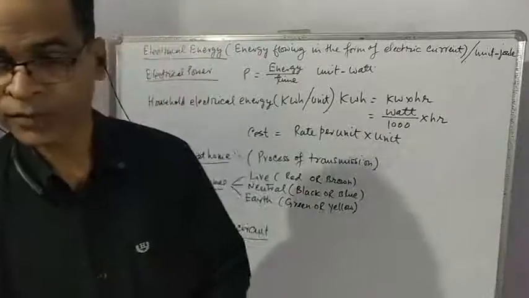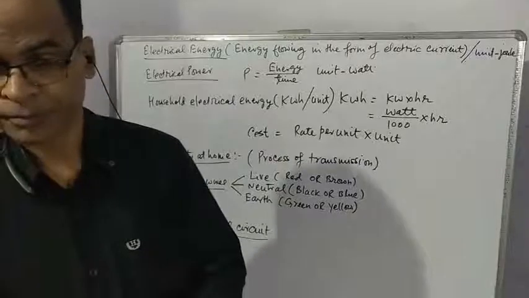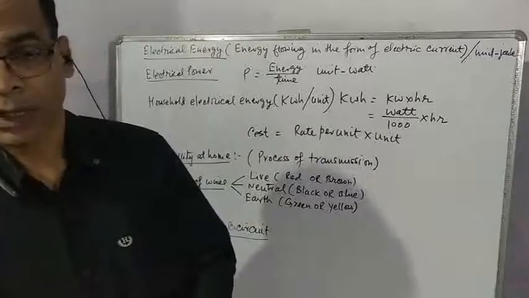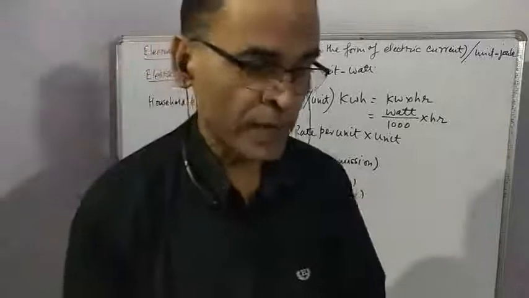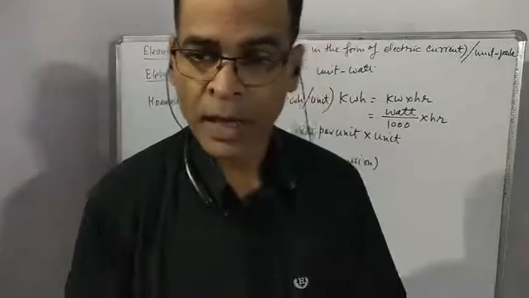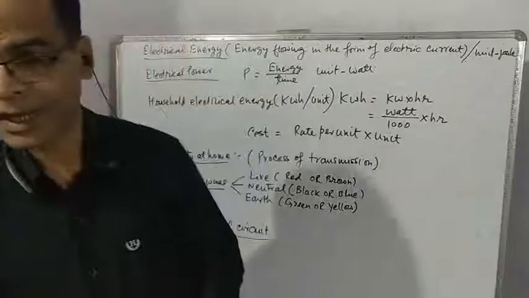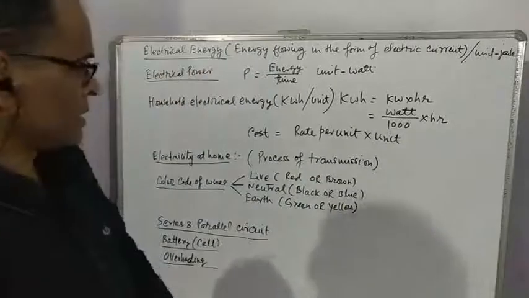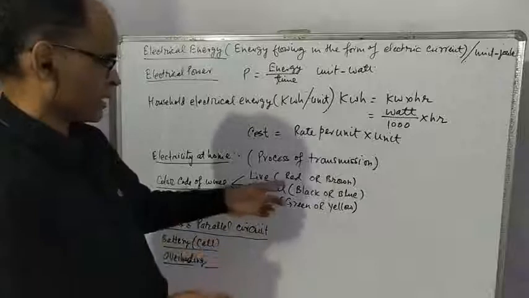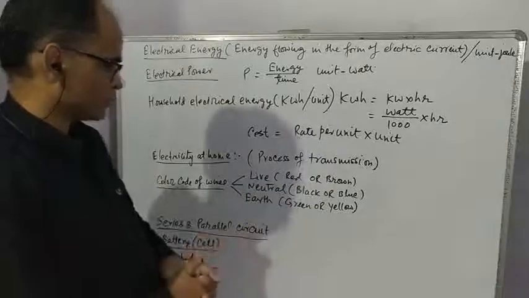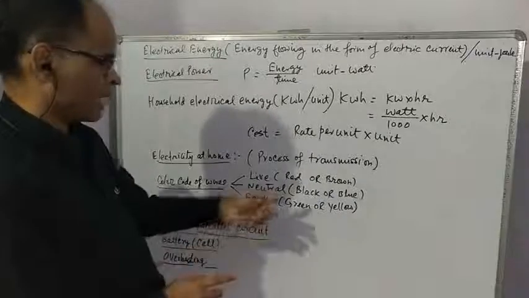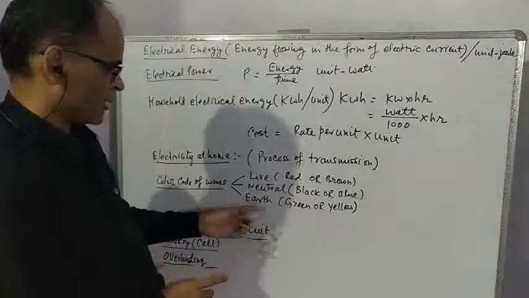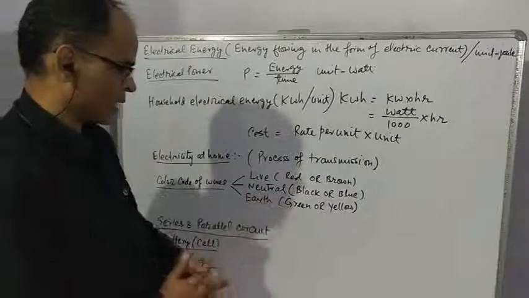The earth wire is used for safety purposes. To recognize these wires, a color code is decided. Live wire is represented in red or brown color, neutral wire in black or blue color, and earth wire in green or yellow color.